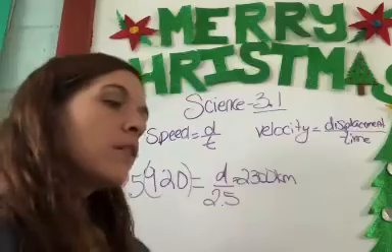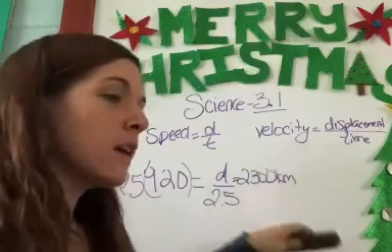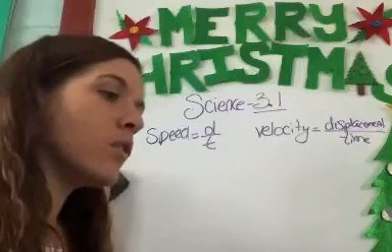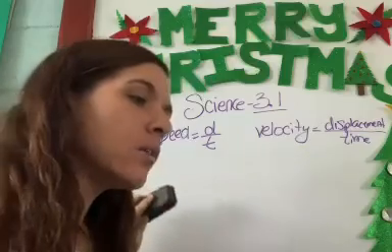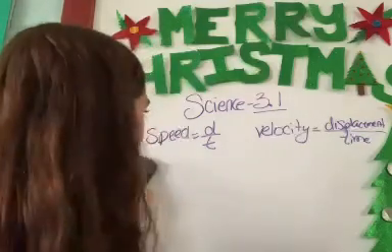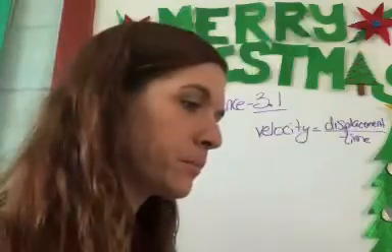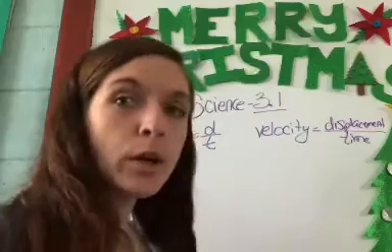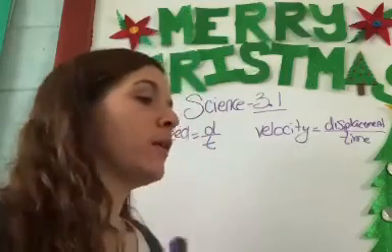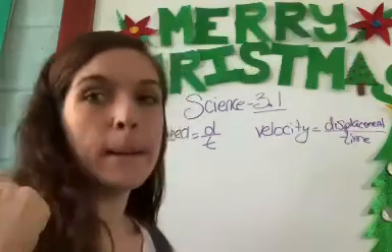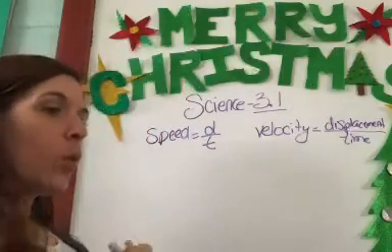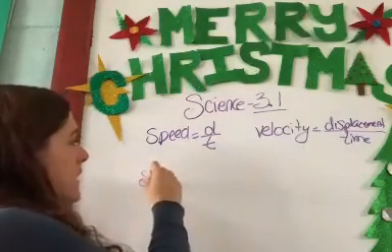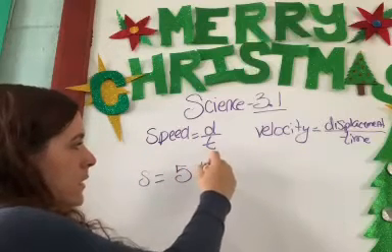For number 3, what is the average speed of a race car in kilometers per hour if it travels completely around a 5-kilometer track in 1 minute? Well, they want the speed in kilometers per hour. You're given that they can do 5 kilometers in 1 minute. So speed equals distance, which is 5 kilometers, over time.